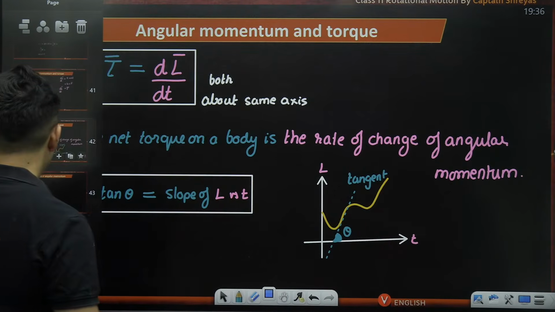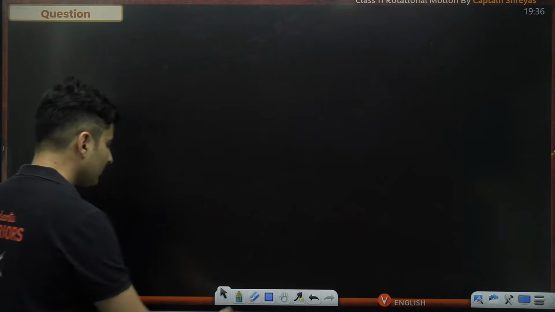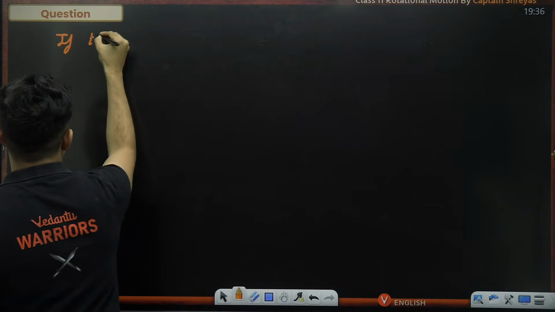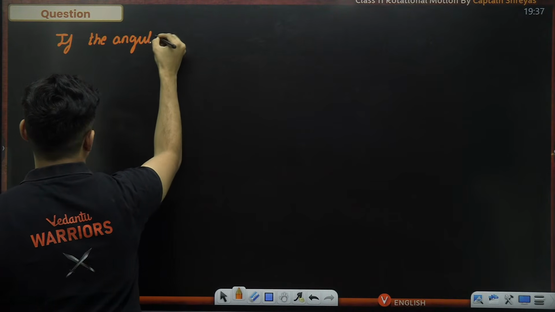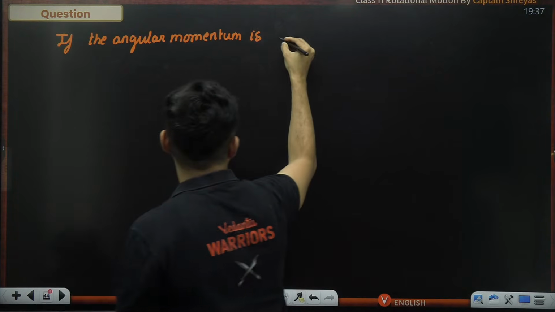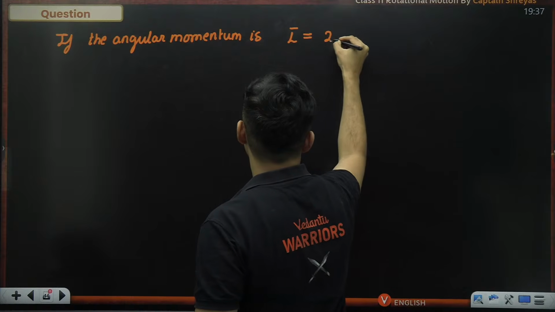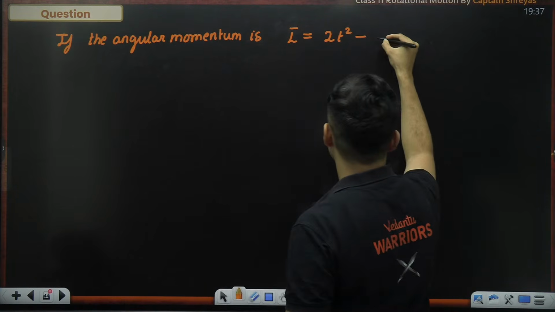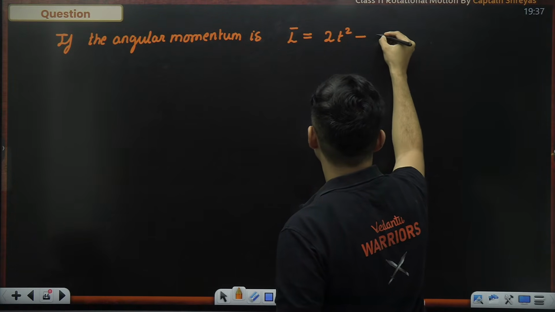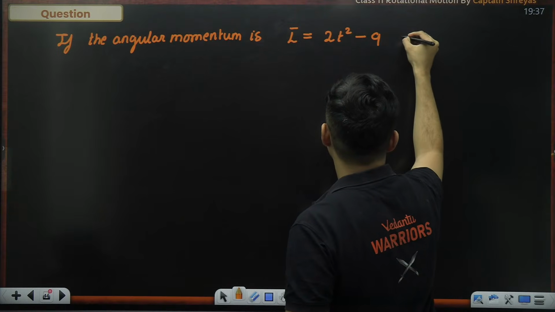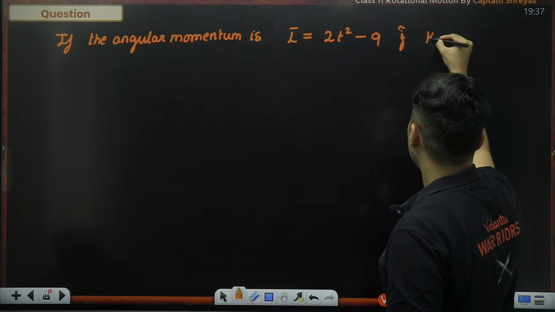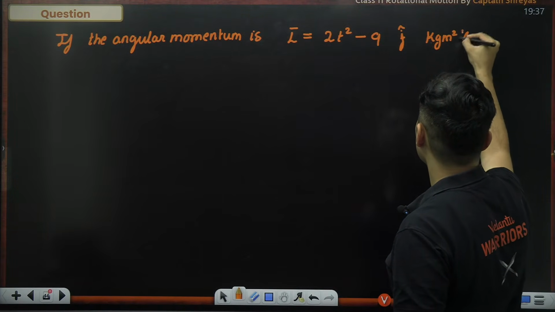All right. Let's say it is mentioned to me that the angular momentum is L equal to 2t square minus, let's say, 9 j cap kg meter square per second.